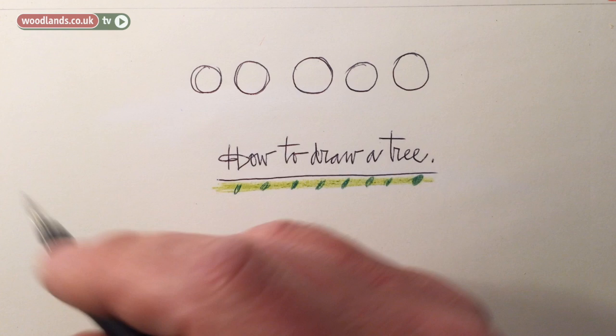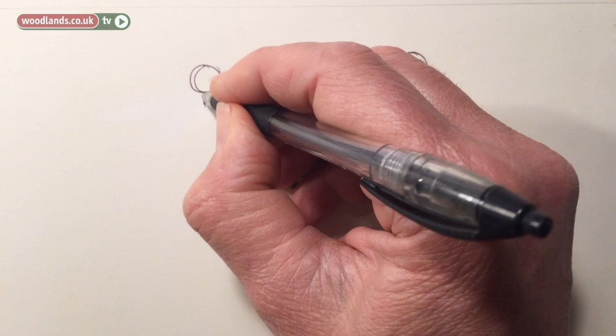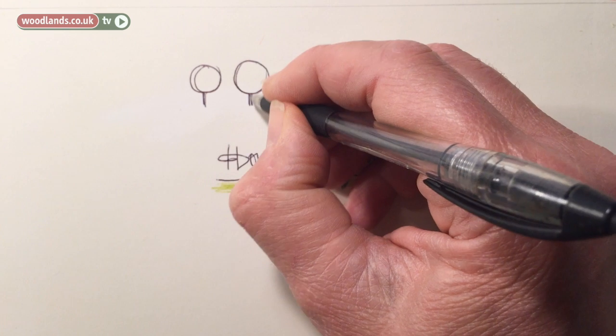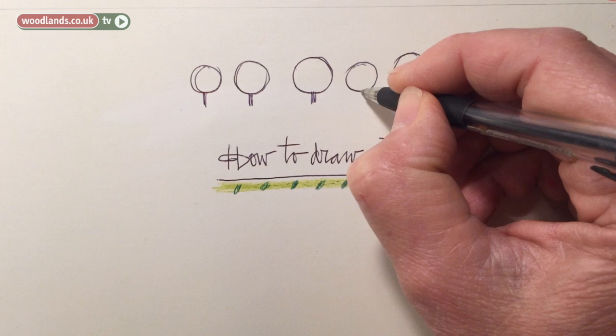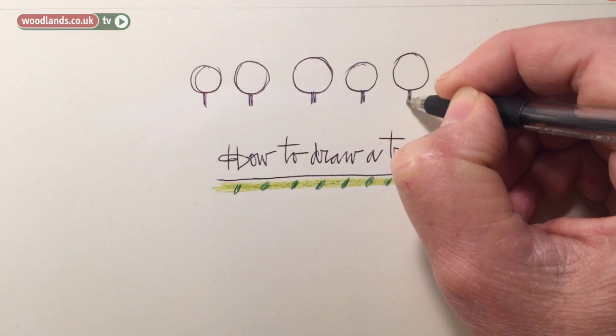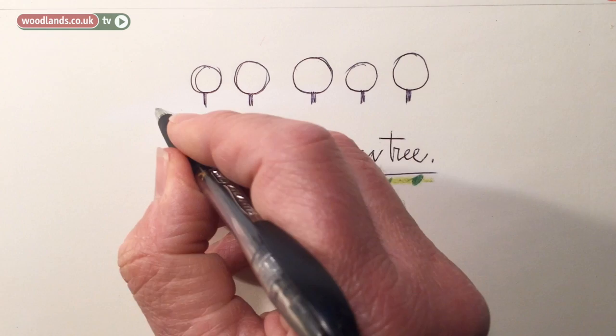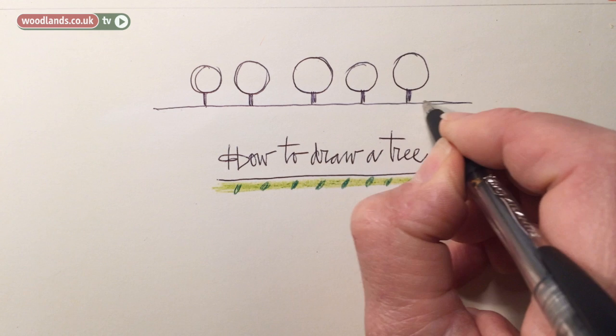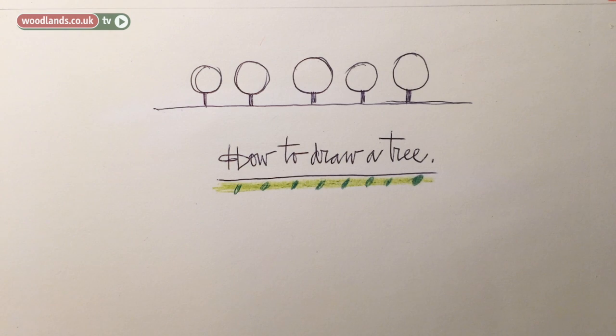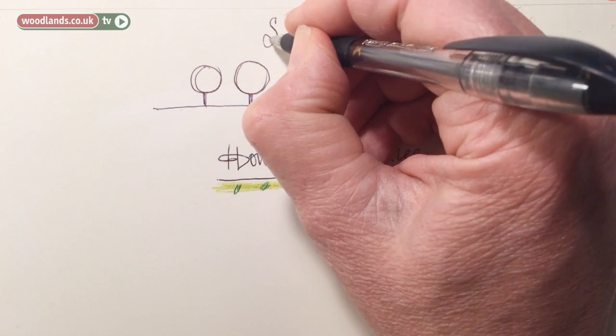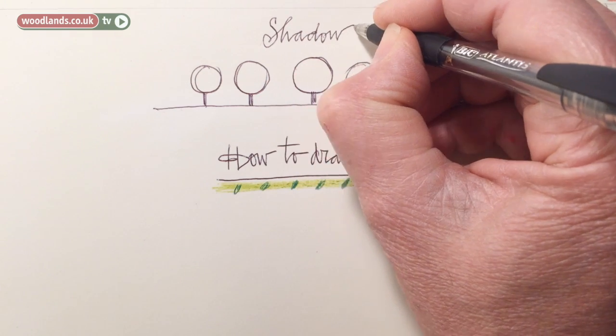Then we can add little lines under our circles, and here we have our trunks. And then a line to represent the ground. This is useful. Now we have our first magic word. Shadows.